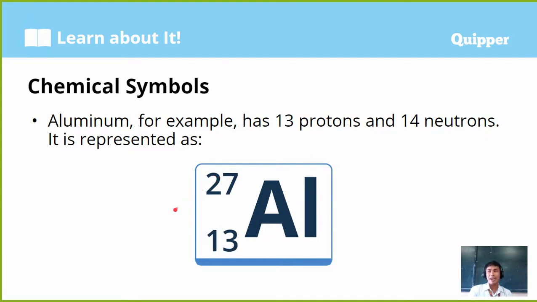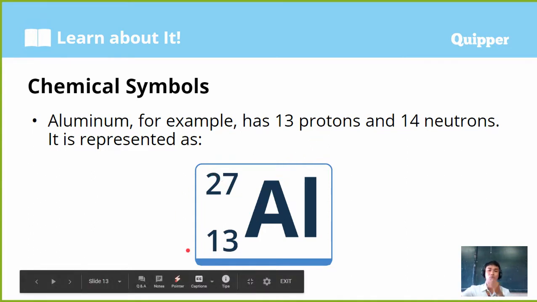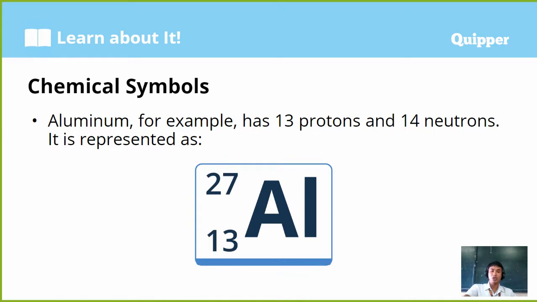So the answer is 14. Even without this statement, given just this symbol, you can already answer my question. You just subtract 27, which is the mass number, minus 13, and that is the number of protons. Number of protons is equal to the number of electrons is equal to atomic number.